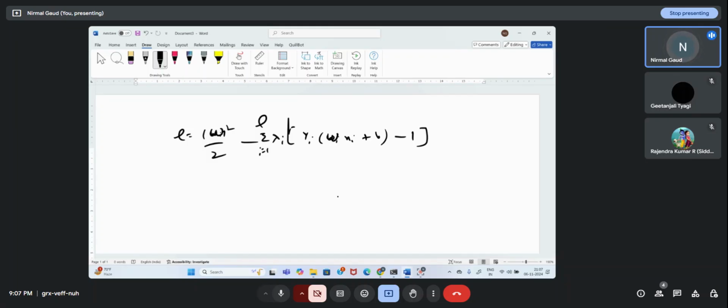Okay, so once I have this equation, I can perform del L by del W, del L by del B, then del L by del lambda. This I can perform, and that's what they have done here.